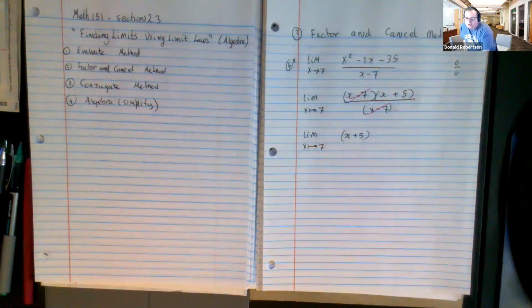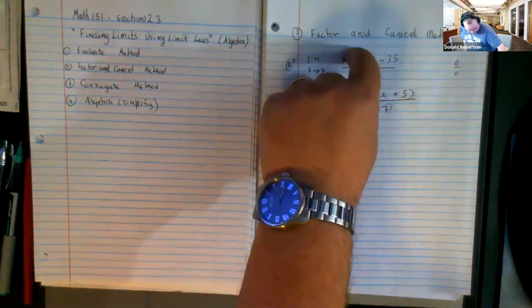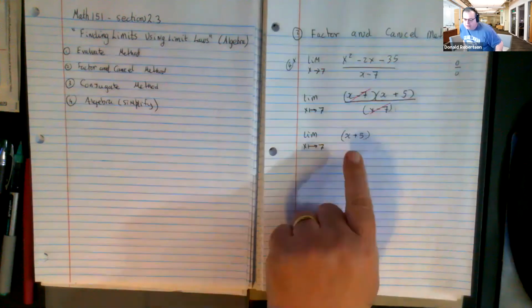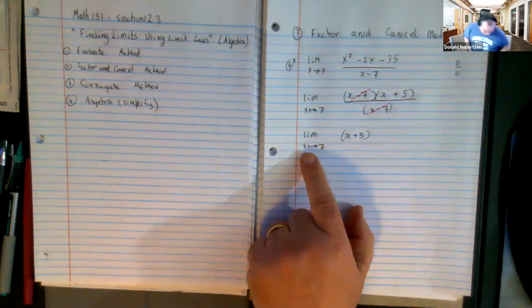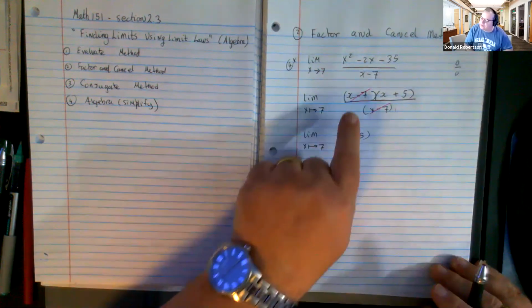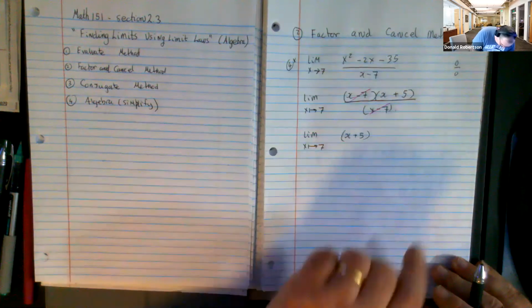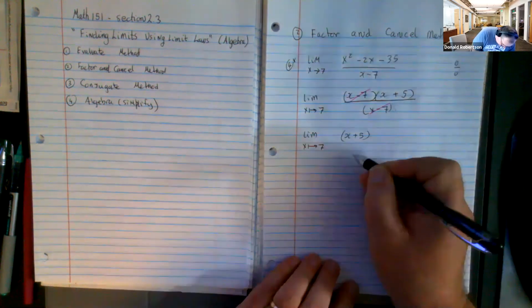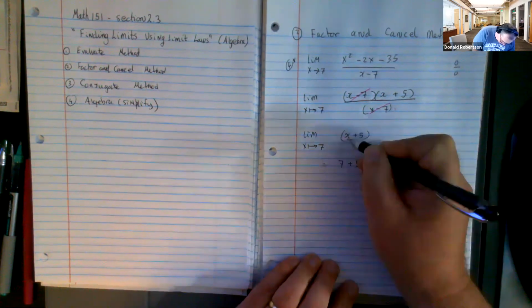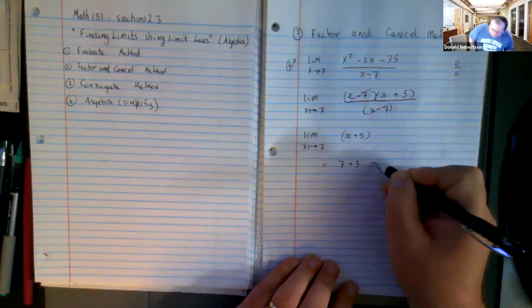Right, it's redundant. So the original horrible fraction that we couldn't find a limit to has now been reduced algebraically to this fella. And the laws of limit says that you're allowed to cancel factors. And now I can plug in 7 for x and get the answer 12.